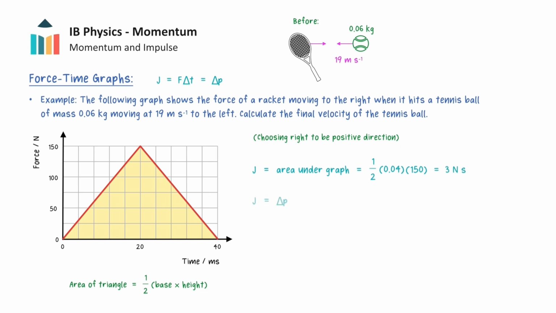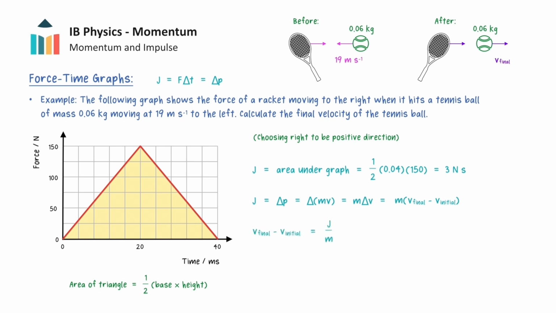We know that impulse is equivalent to the change in momentum of the ball, and momentum is given by mass multiplied by velocity. The mass of the tennis ball stays constant, but the velocity is changing, so we can calculate the final velocity from the change in velocity term. The difference between final and initial velocity can be determined by dividing throughout by mass to give 50 meters per second.